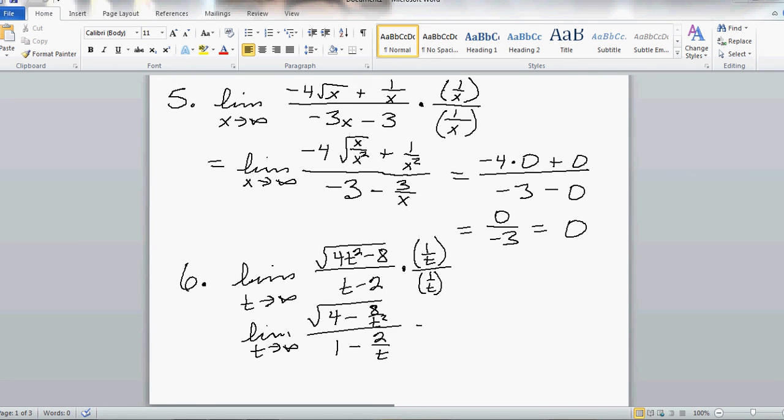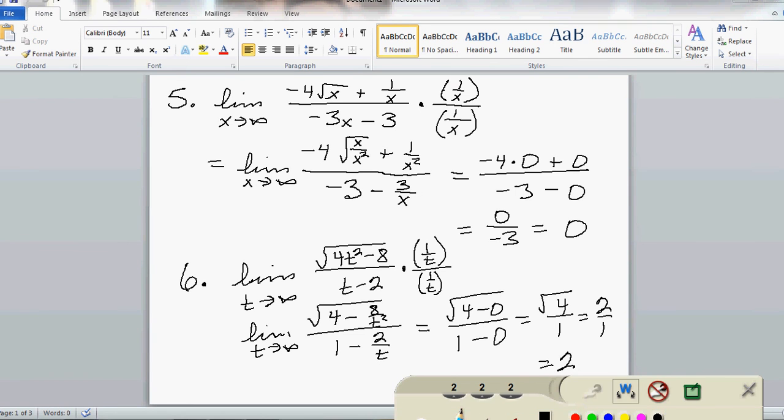And since t is going to infinity, now those become a lot of zeros. So we get the square root of 4 minus 0 over 1 minus 0. Square root of 4 over 1, which equals 2 over 1, which equals 2.